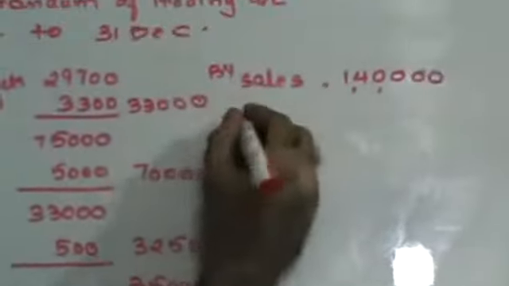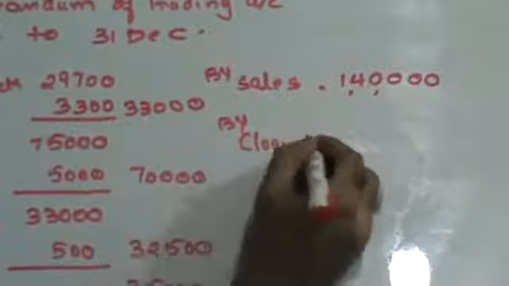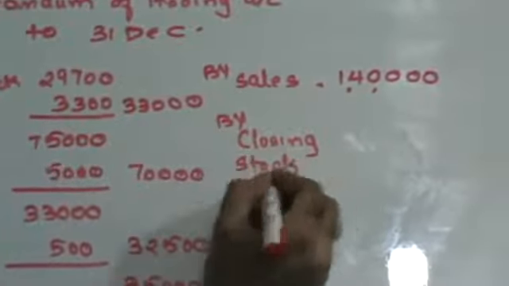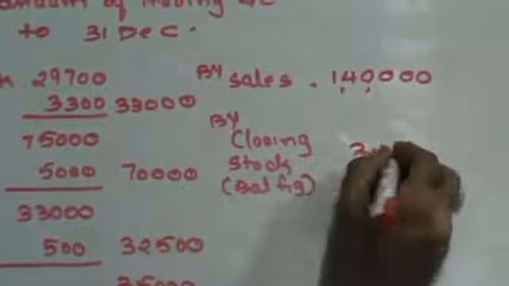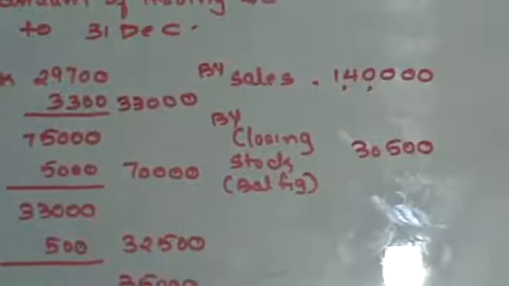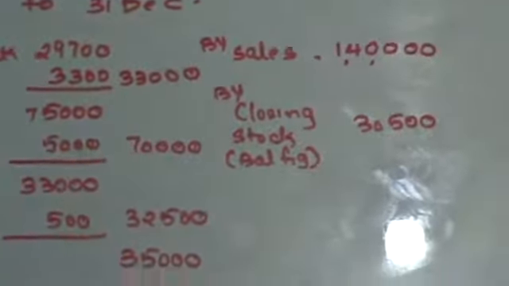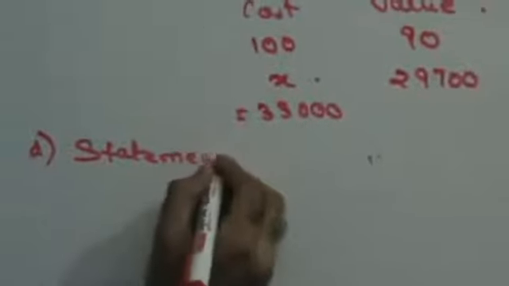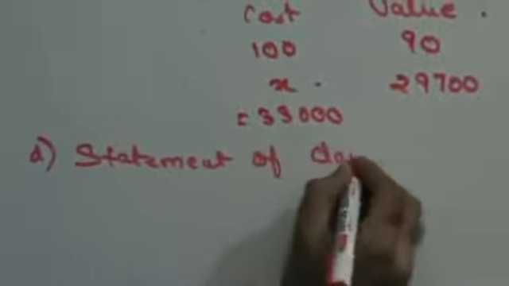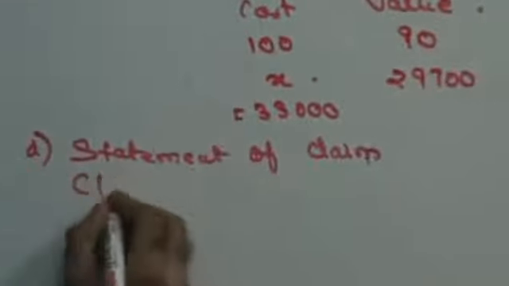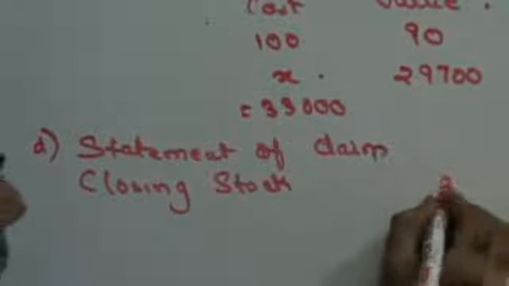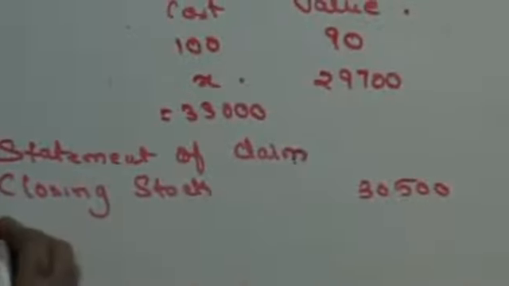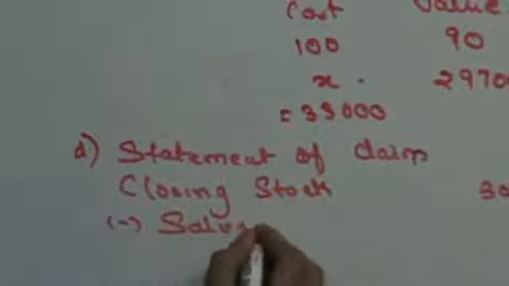1,70,500. The difference is called as closing stock. This is going to be my balancing figure: 30,500. Right, now I need to make my statement of claim. Statement of claim. Closing stock. How much is the closing stock? 30,500 less salvage.